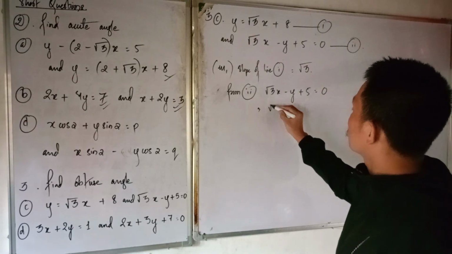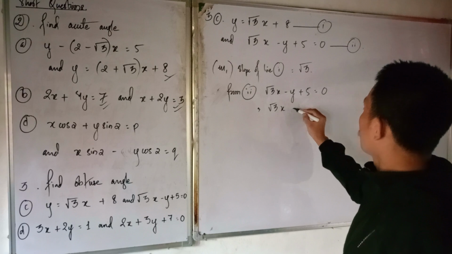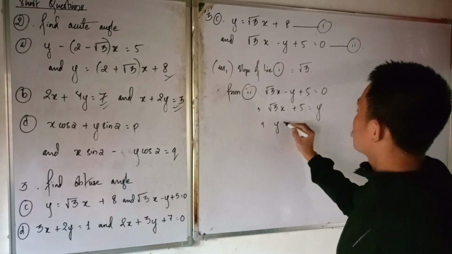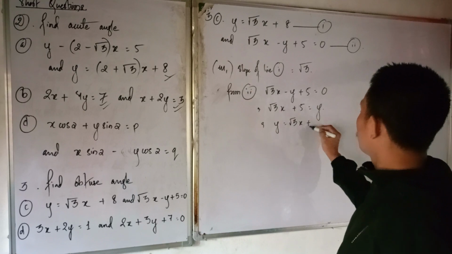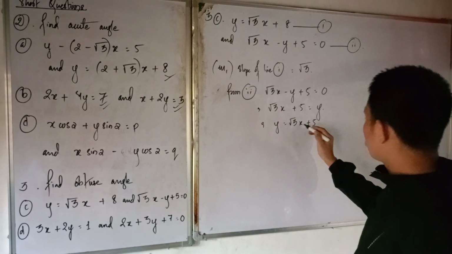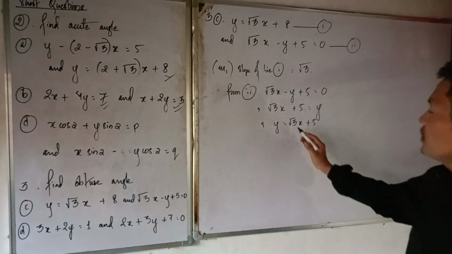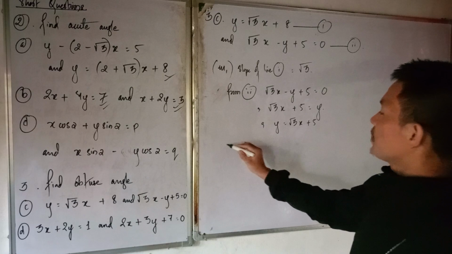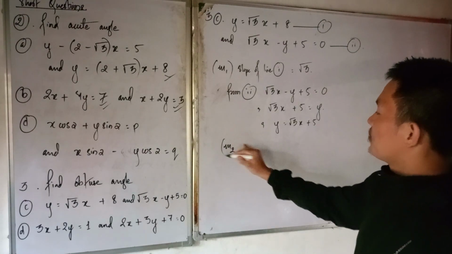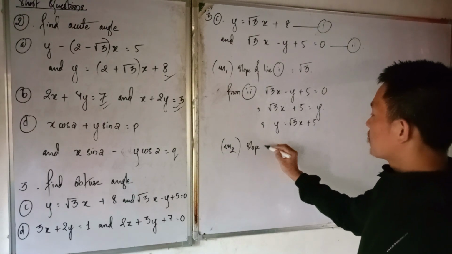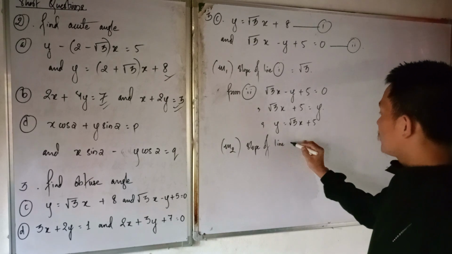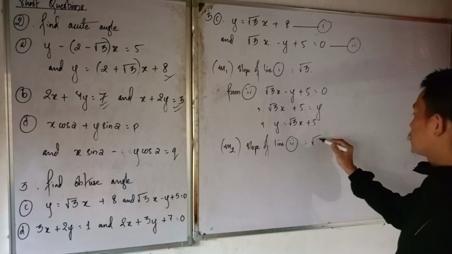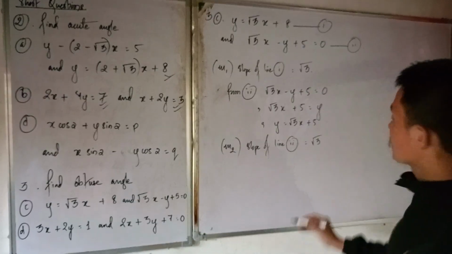It becomes y equals root 3 x plus 5. Here also you can see it is in the form y equals mx plus c. So m2, the slope of line II, is root 3. Here also root 3.